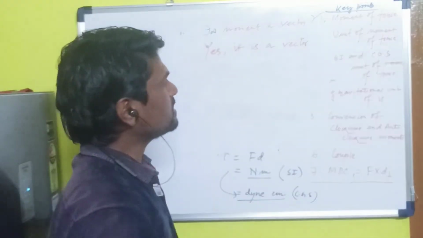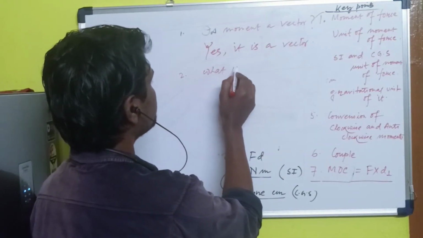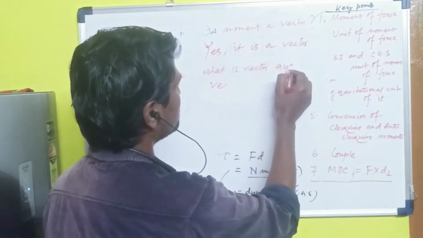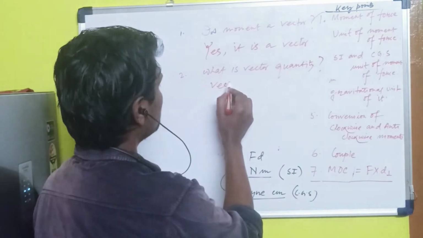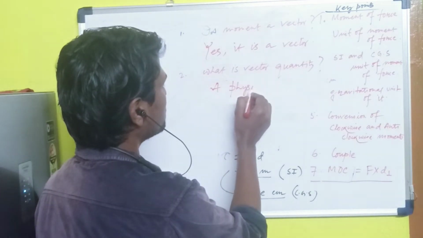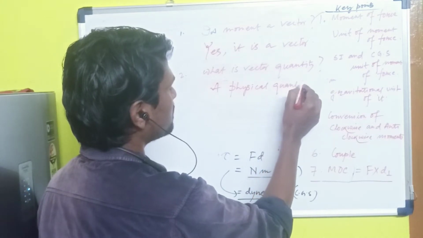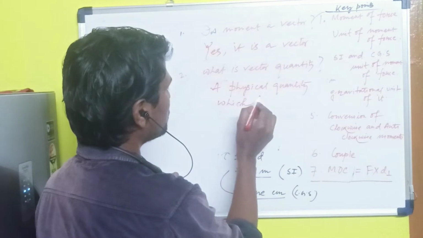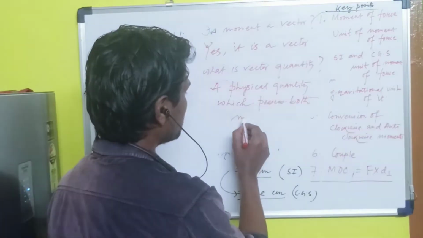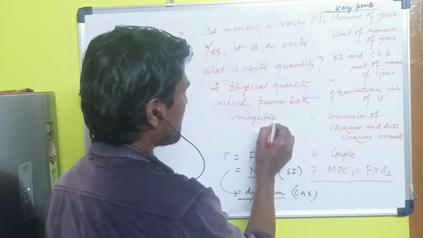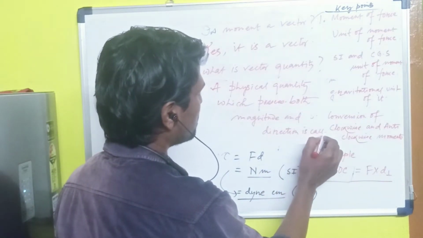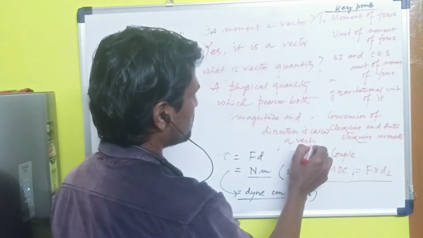So what is a vector quantity? A vector is a physical quantity which possesses both magnitude and direction, and is called a vector quantity.